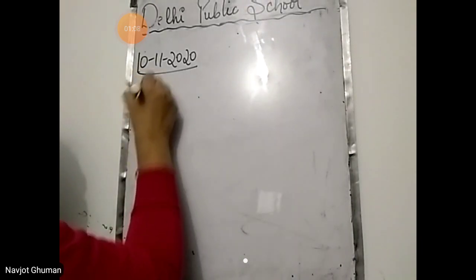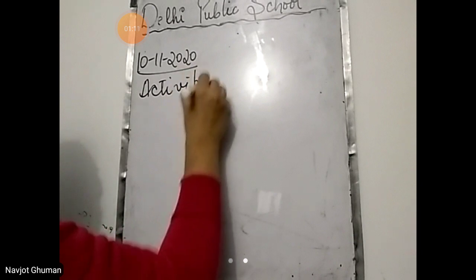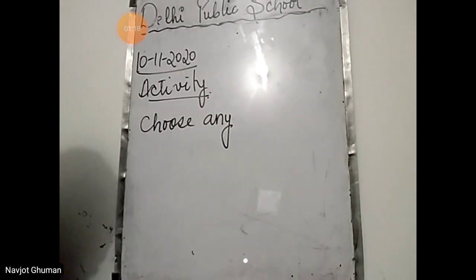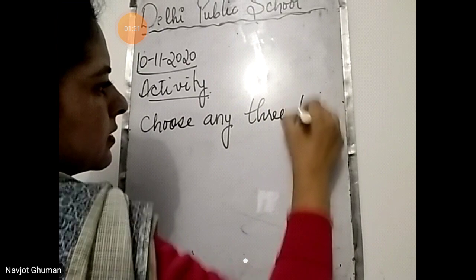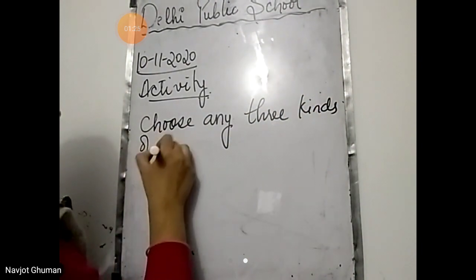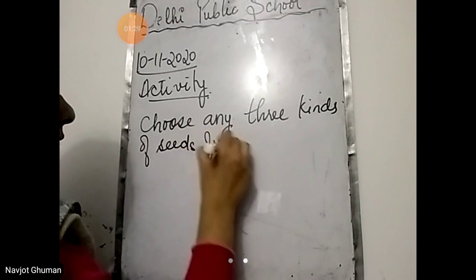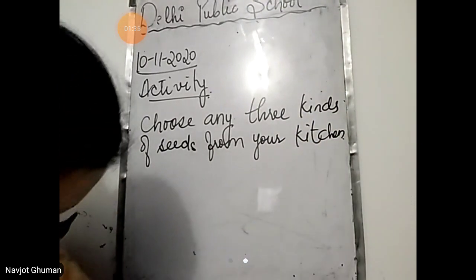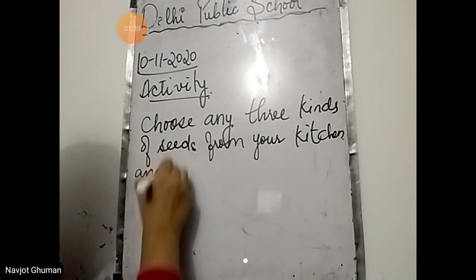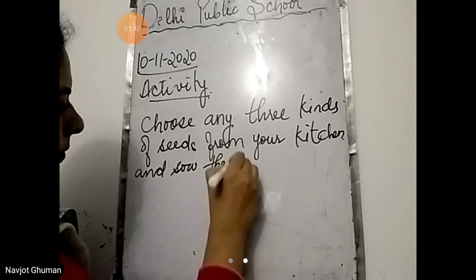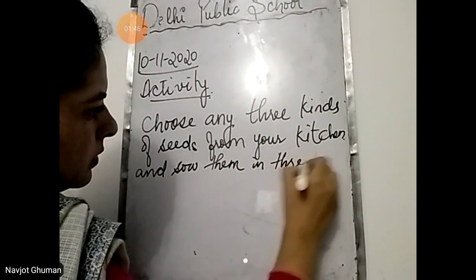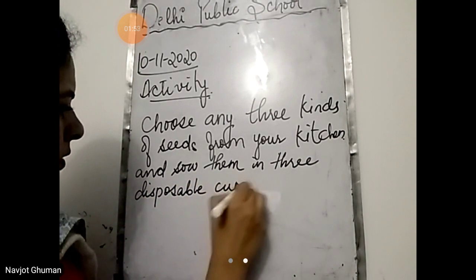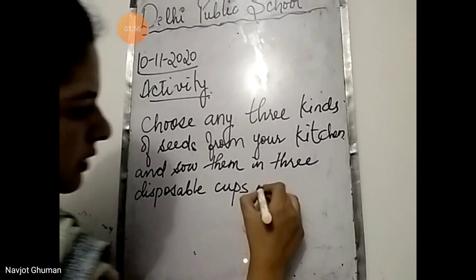The activity is: choose any 3 kinds of seeds from your kitchen and sow them in 3 disposable cups filled with soil.